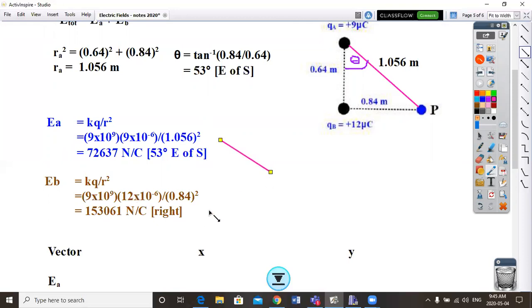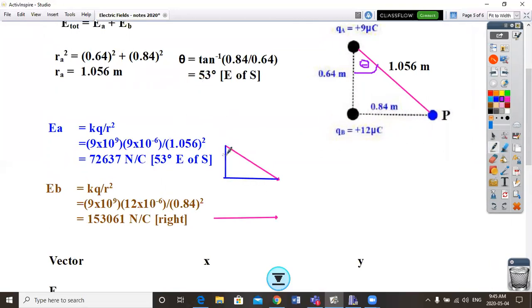And the field due to B is going to the right. So here, what we're going to have to do is look at our triangle. So I'll put this in a different color. Our y is going to be the adjacent side, and our x is going to be the opposite, because our theta of 53 degrees is right there. Okay, so our 53 degrees is there, and there's our y, and there's our x.